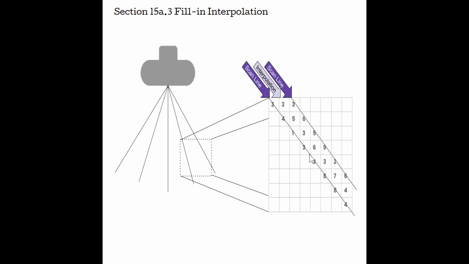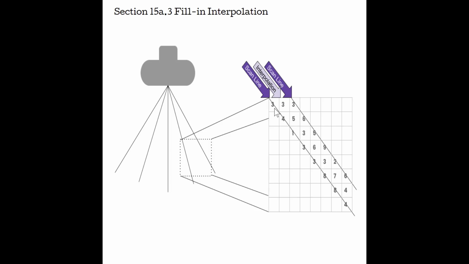So remember, as those scan lines are being created and they're being digitized, assigned a number which aligns with a grayscale, we're going to place those digitized numbers into our matrix in our scan converter. When we have a gap in the information, the scan converter is going to look at the pixels around it and guess what it should put in that blank space.